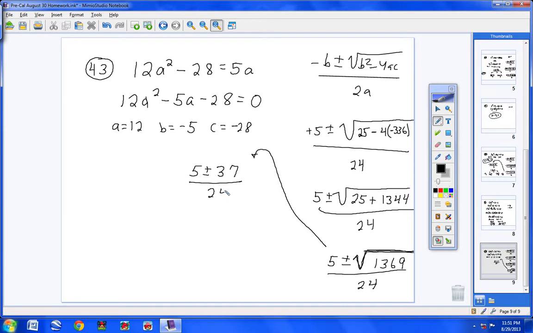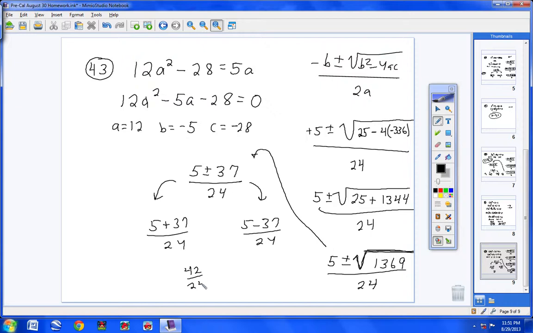And now because of this plus minus, I'm going to go ahead and write this two different ways. So 5 plus 37 all over 24, and then 5 minus 37 all over 24. Now let's see. 5 plus 37 would be 42 over 24.